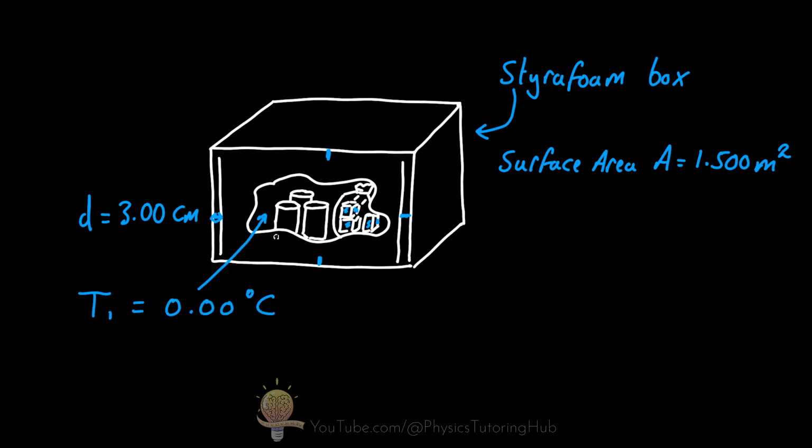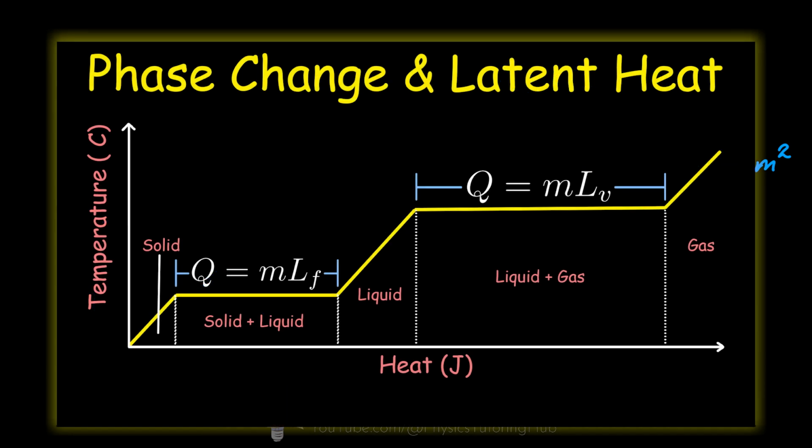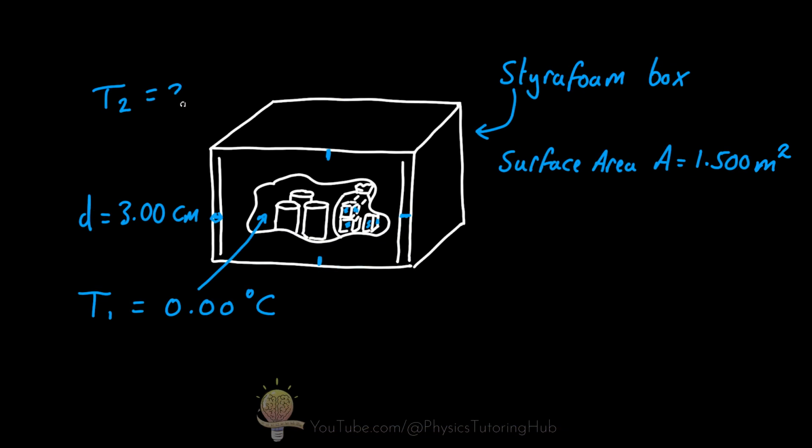And to keep everything cool inside, the ice uses up the surrounding heat energy during its phase change, and we talked about phase change in the last lesson. The surrounding atmosphere outside the box is at 35 degrees Celsius or 95 degrees Fahrenheit.